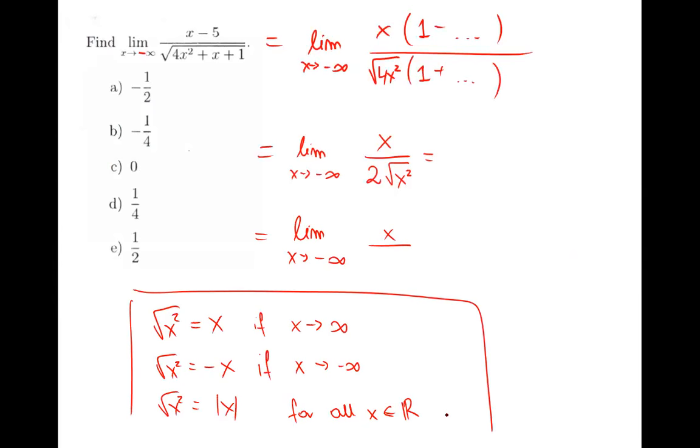That's important. That means this will be negative x. Cancelling out, I have negative half. Please note this always applies for an even root and negative infinity. And also this negative 1/2 is a horizontal asymptote, right? That's also an additional note.